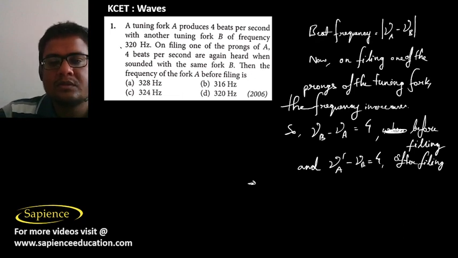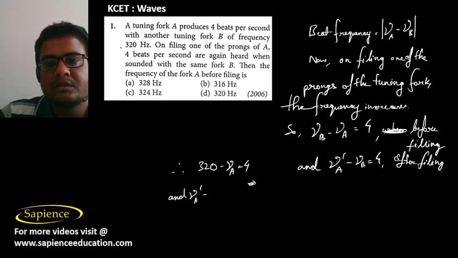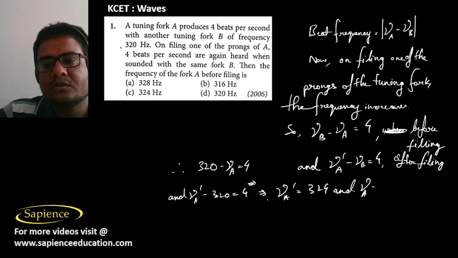Therefore we can say that 320 minus nu A is equal to 4, and nu A dash minus 320 is equal to 4. So nu A dash is equal to 324 and nu A is equal to 316 Hertz.